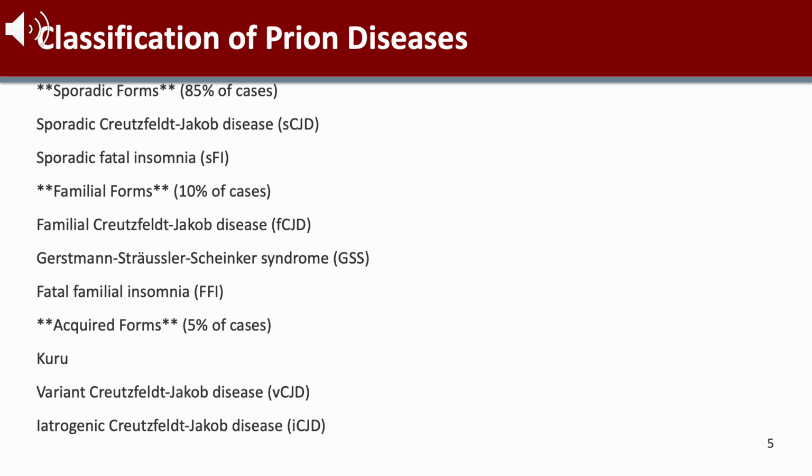Acquired forms result from exposure to infected tissue, either through ritual practices, contaminated medical equipment, or dietary exposure. Understanding this classification is crucial for determining the likely etiology and prognosis of each case.